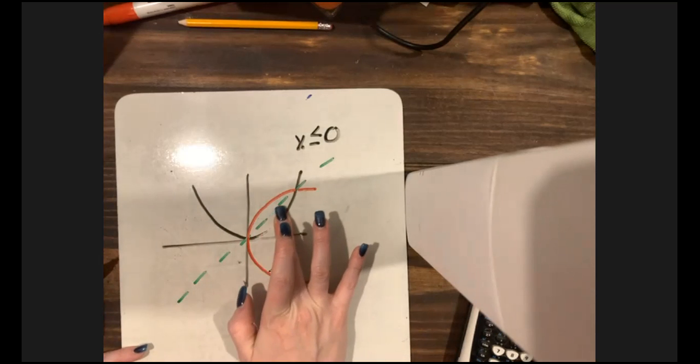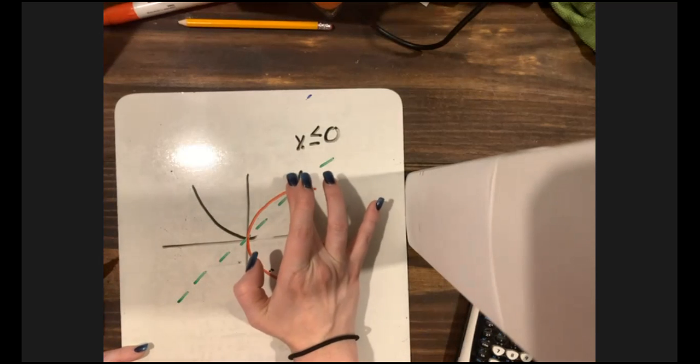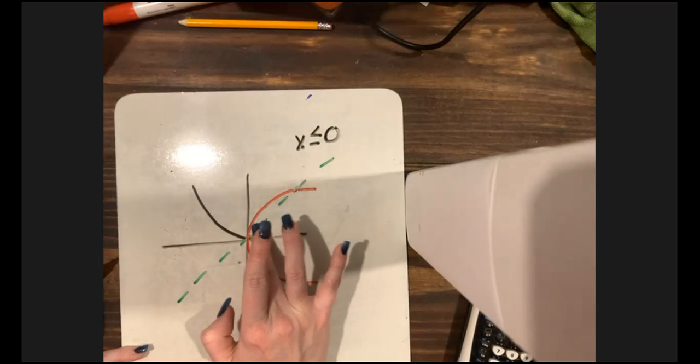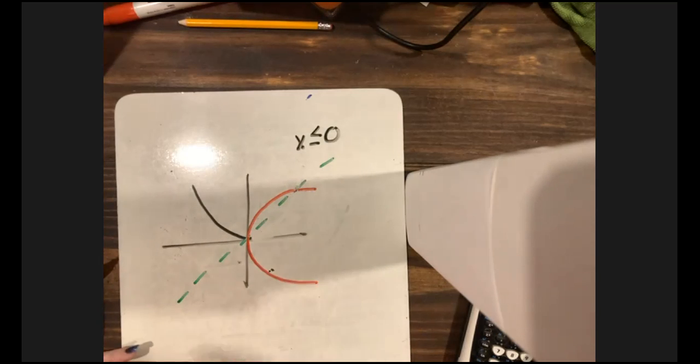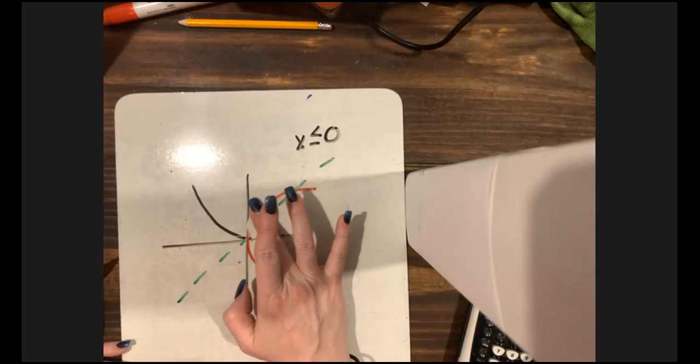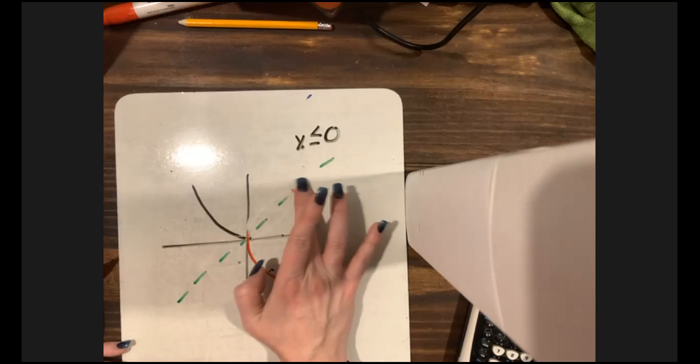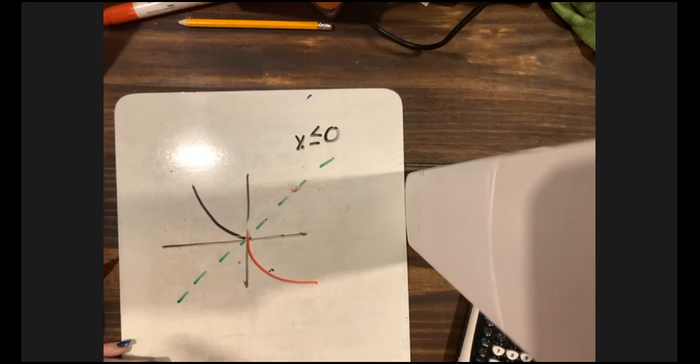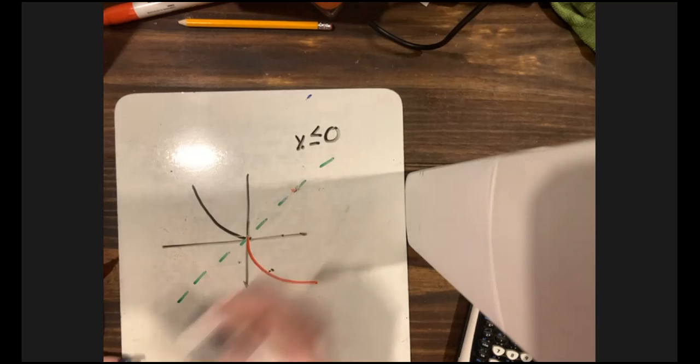So basically what they're doing here is they're getting rid of part of the graph. Okay, so now instead of having all of that graph, I'll only have this piece, which means this part of that inverse no longer exists because that's not part of the domain.